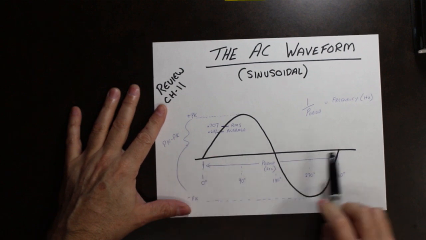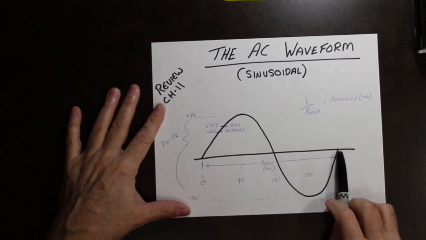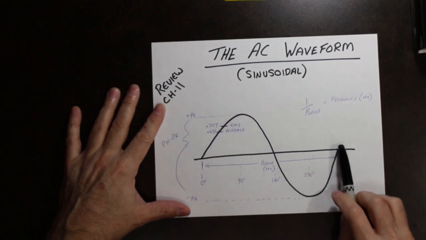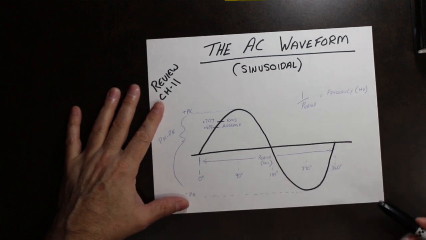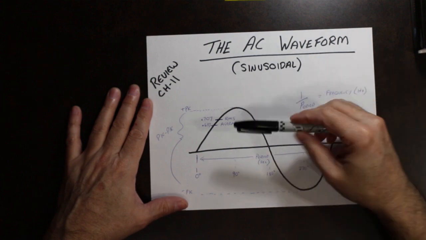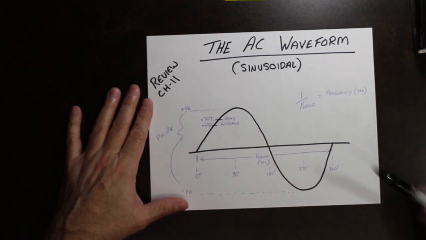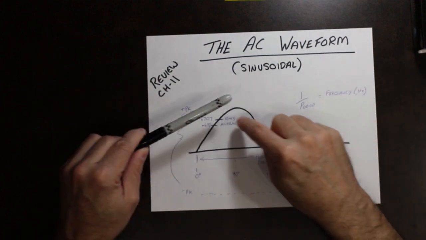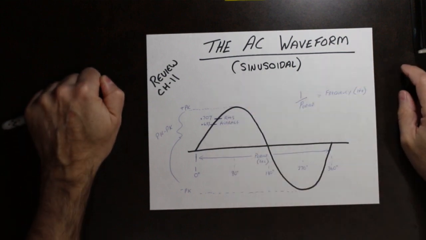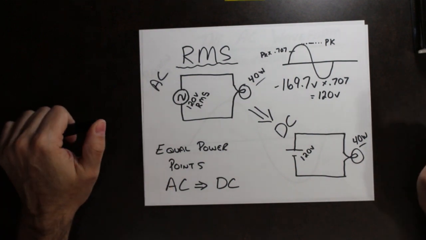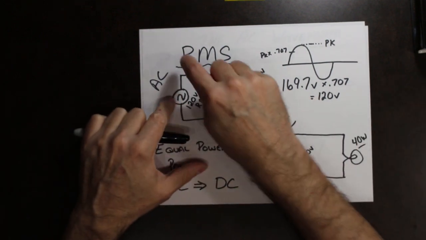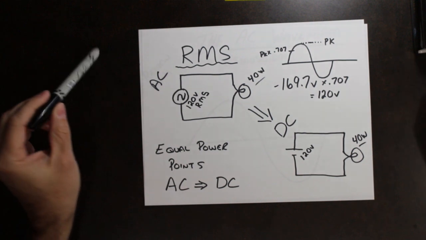We have a period, which is the amount of time it takes to go through one rotation of the generator, therefore one waveform, or the frequency, how many happen in 1 second. We also have a measurement of average value, and the most important one is RMS value. So again, RMS value is that equal power point between AC and DC. That is the one that we see most often.